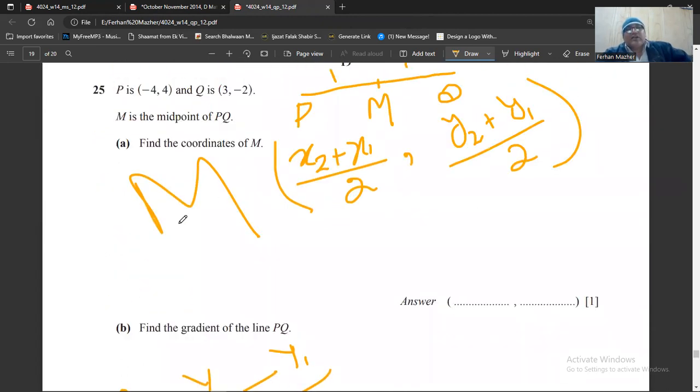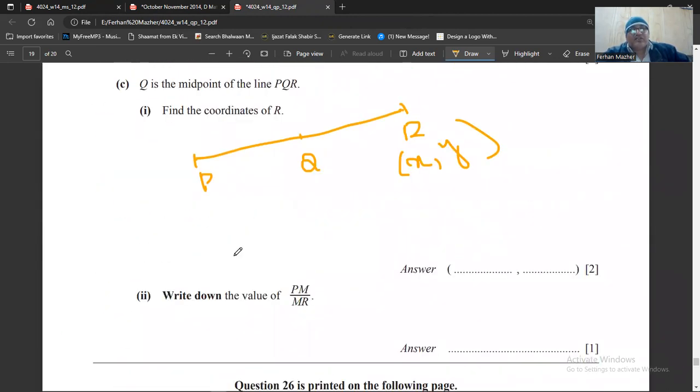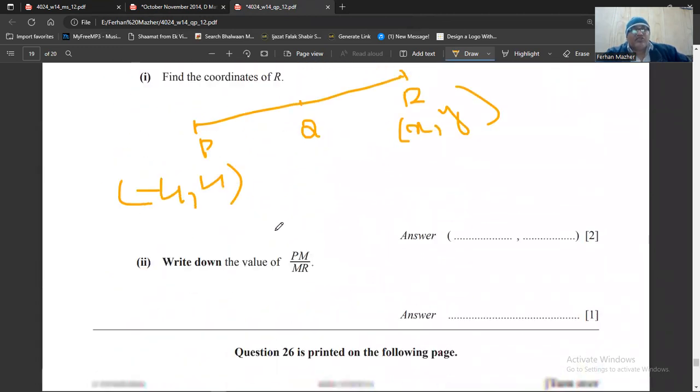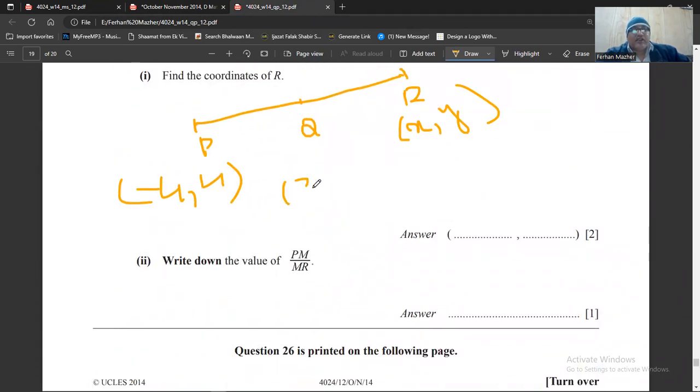Okay, I know the coordinates of the P, that's -4, 4. And I know the coordinates of the midpoint, which is Q, 3, comma, -2.